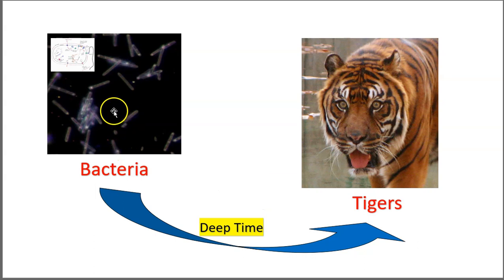We're talking 4 billion years. And so that is a really, really long time. And the modern science, again, is suggesting that with that length of time, you can undergo a series of changes, starting from simple cellular life to form complicated multi-celled organisms like tigers and trees and people.